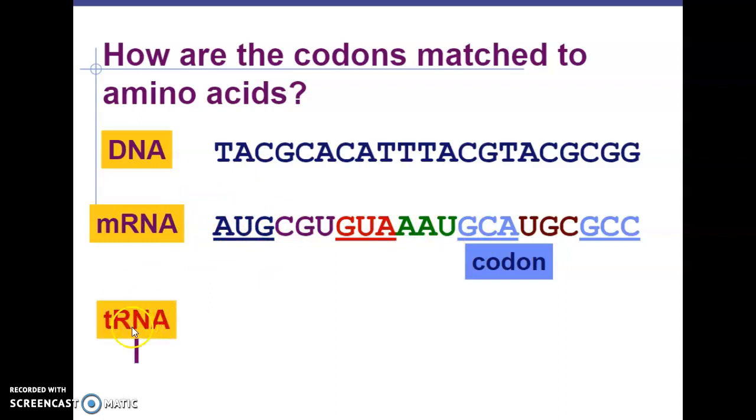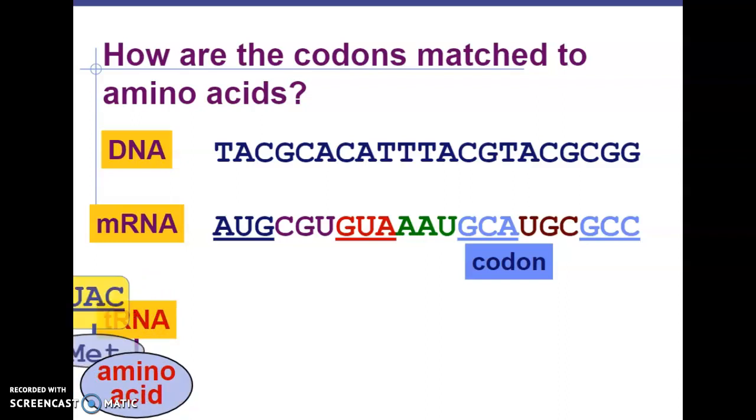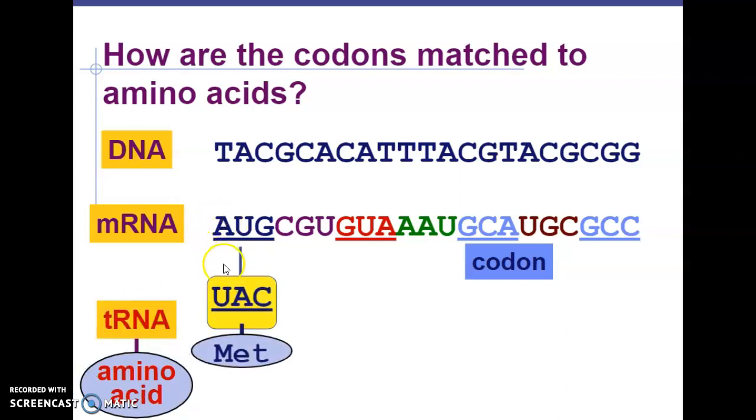There's another RNA that comes in called transfer RNA. And what is it transferring? It's transferring an amino acid. So these tRNAs basically match the messenger RNA. So they're kind of the complementary match.